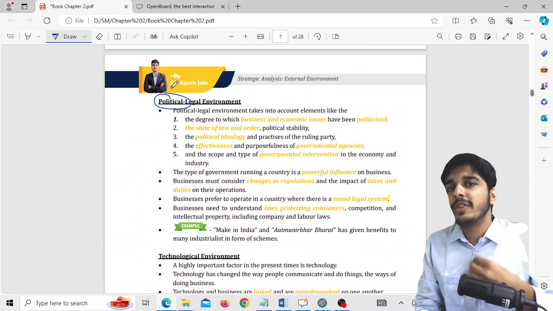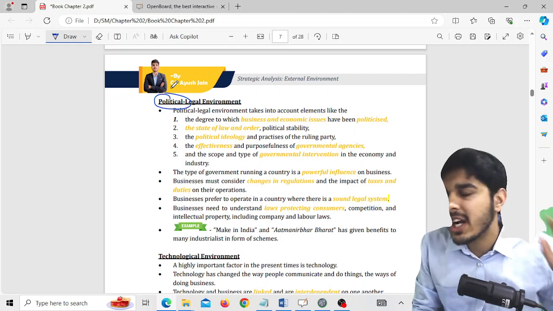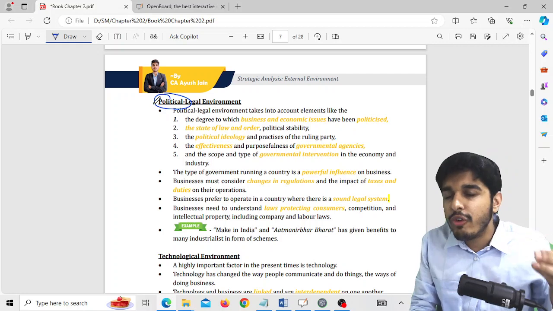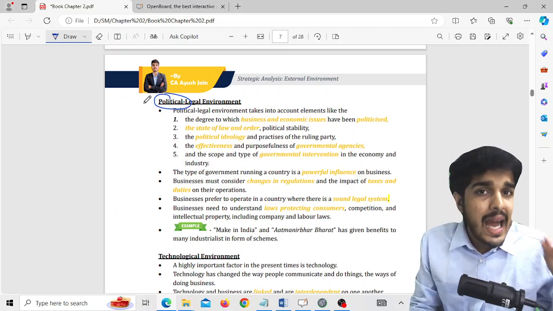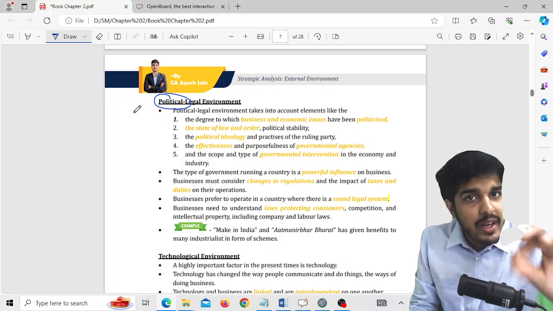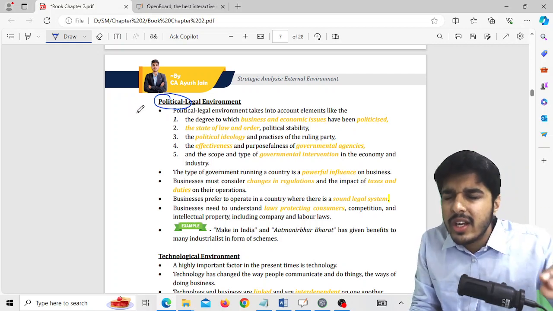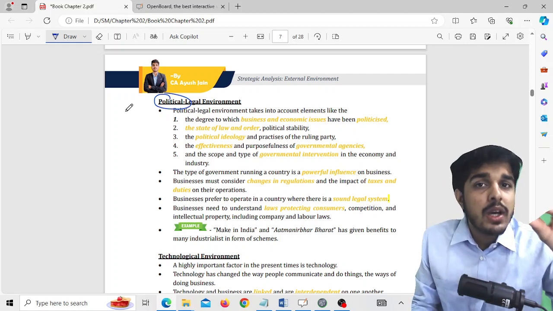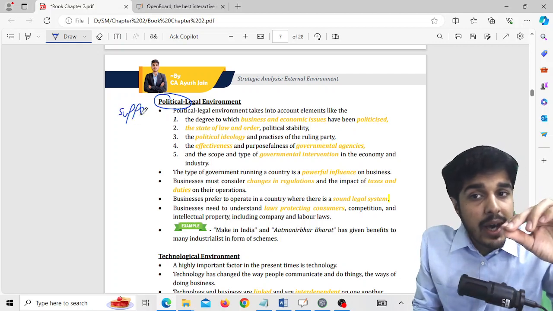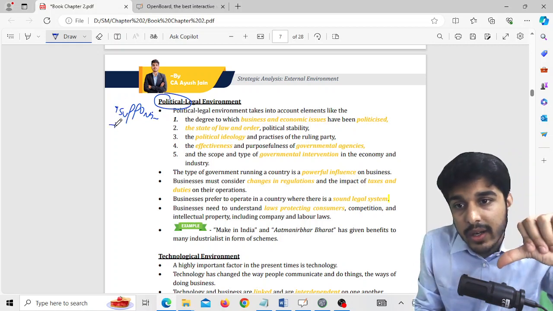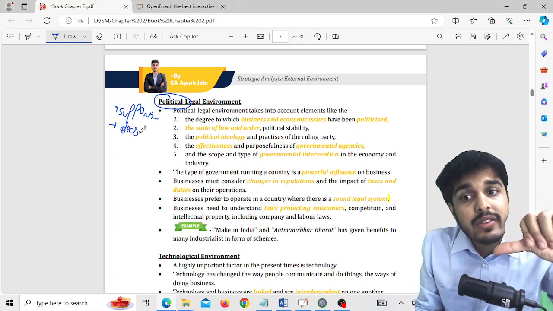Suppose I am Instagram or Facebook. Once I am making a strategy for my Instagram app, I will have to think whether Instagram is supported in India or not. It means whether Modi ji, my Indian government, is very supportive if I promote Instagram, or it does not support Instagram.